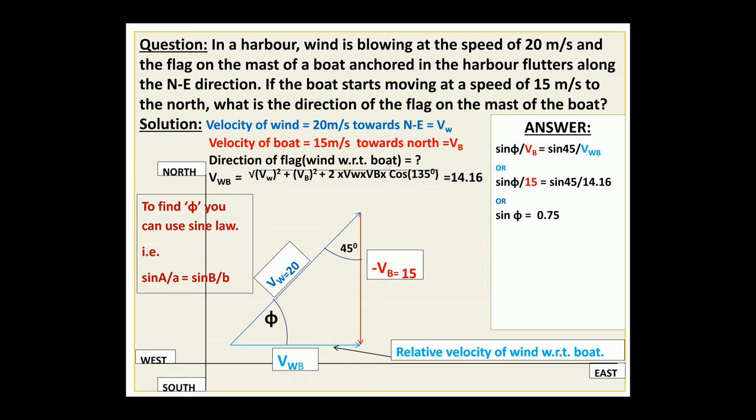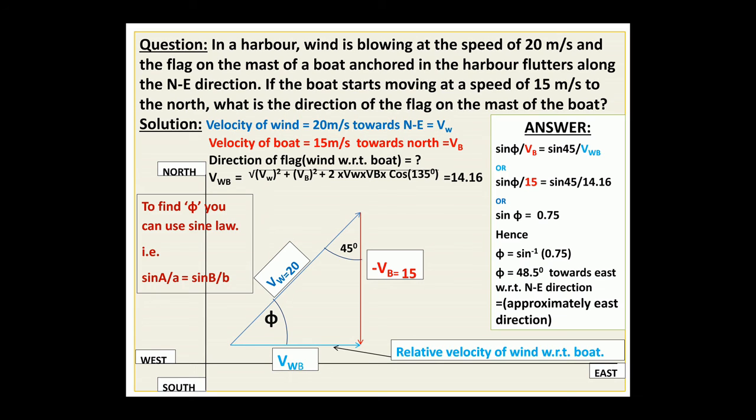So you get sine phi by 15 is equal to sine 45 by 14.16, and if you simplify, you will get sine phi is equal to 0.75. Hence phi is equal to sine inverse 0.75. Therefore phi is equal to 48.5 degrees towards east with respect to the northeast direction.